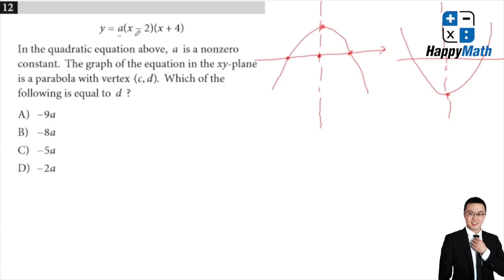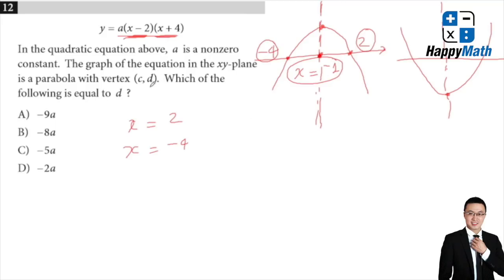Because in this equation, I can see that x equals 2 and x equals -4 are the two solutions. It means -4 here and 2 here. For the symmetry line, we need the midpoint of -4 and 2. -4 plus 2 gives -2, divided by 2 gives -1. So this symmetry line corresponds to the line x equals -1.